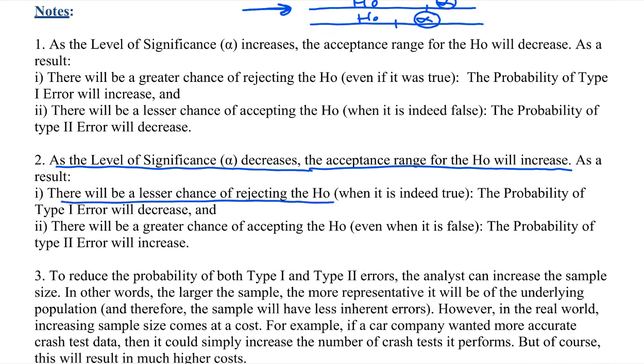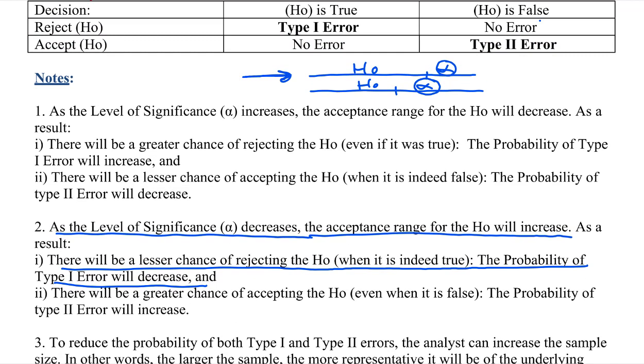There will be a lesser chance of rejecting the null when it is indeed true. Therefore, the probability of type 1 error will decrease. So when you widen the acceptance range for the null, there's a lesser chance of rejecting it. So therefore, the type 1 error is reduced.